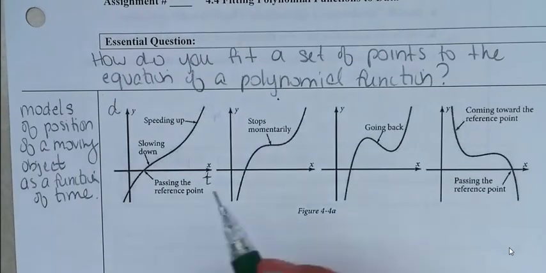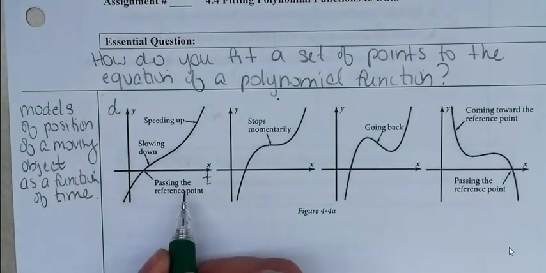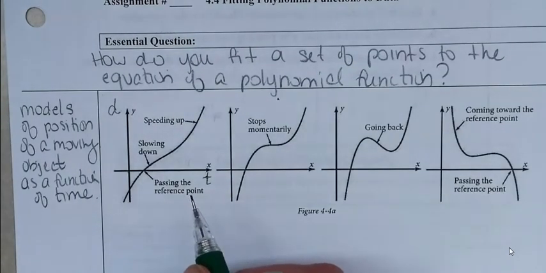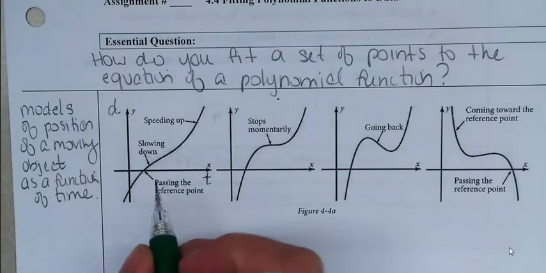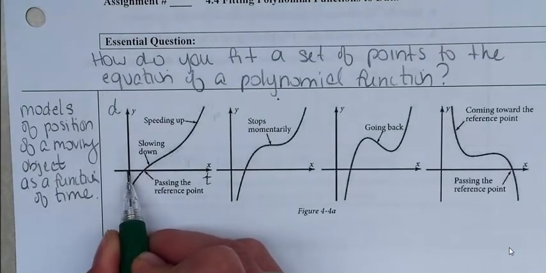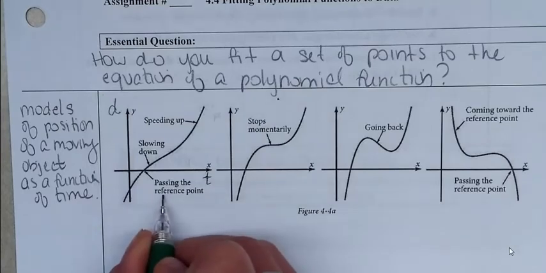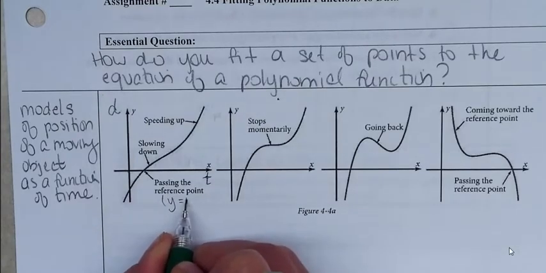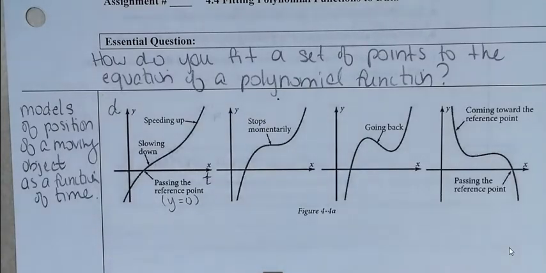And we consider that the reference point. Maybe that reference point is a river, a tree, a highway, or some point that we're passing. That reference point happens when the distance from it is 0, or when you're on the x-axis, so y being 0.